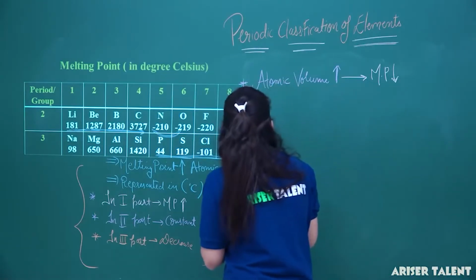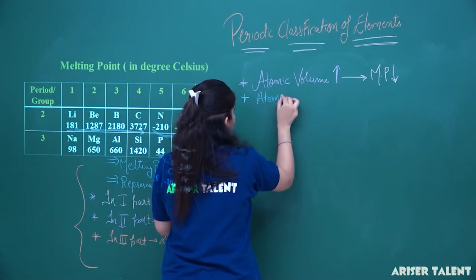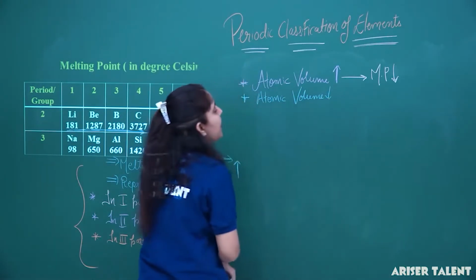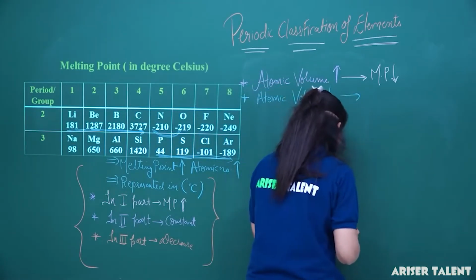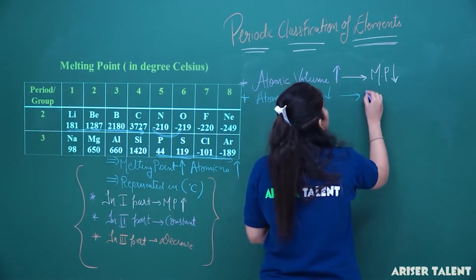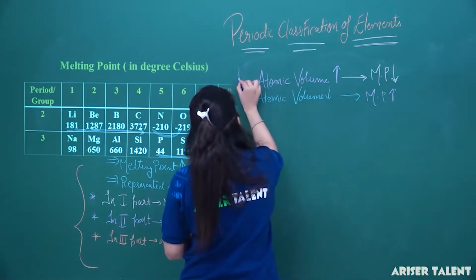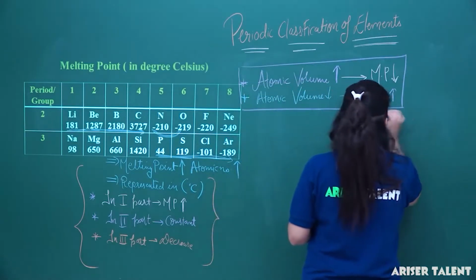It means if atomic volume is low, the melting point will be high. So this is in trend with the atomic volume of melting and boiling points.